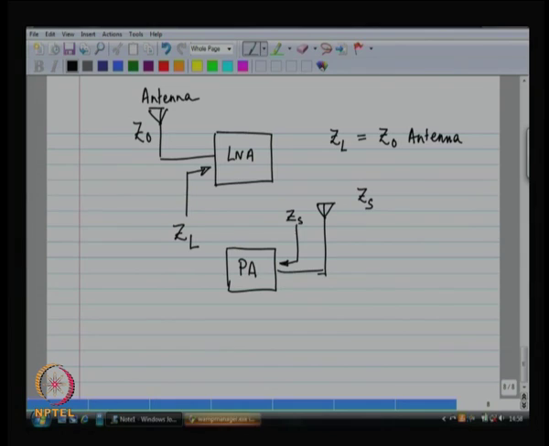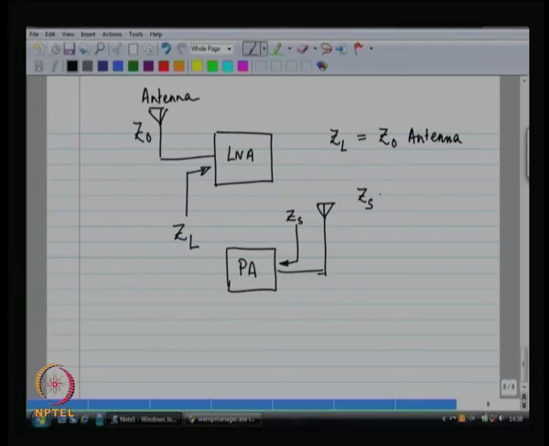No, you can model the power amplifier as a Thevenin equivalent voltage source in series with a source resistance. So, that source resistance is what I am talking about, source impedance. You would like to design Z s to be equal to the antenna characteristic impedance. All right. So, this is something very important for us.